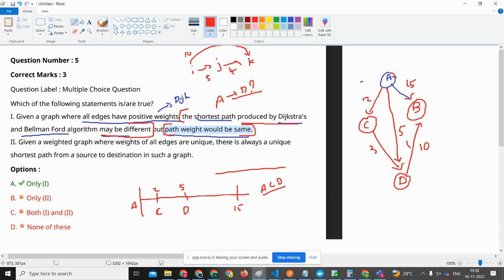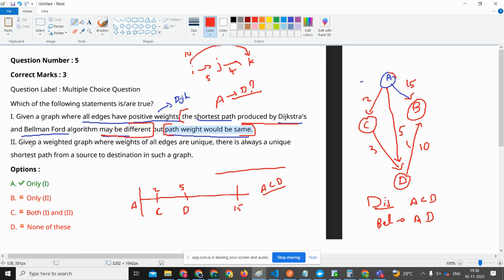The only difference is that if you were able to reach with one intermediate edge, but you're also able to reach with three intermediate edges and the path weight is the same even with that, Bellman-Ford will store that value because it updates every time. Okay. Got it. Good.